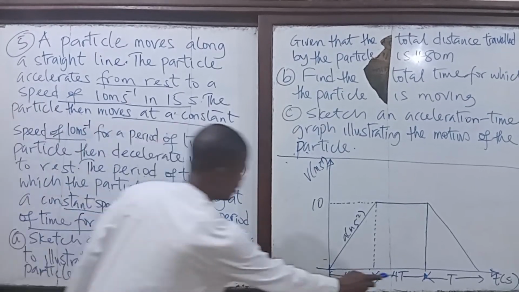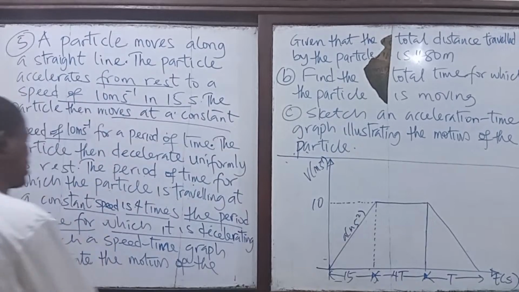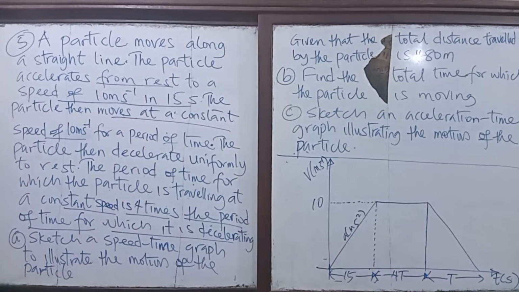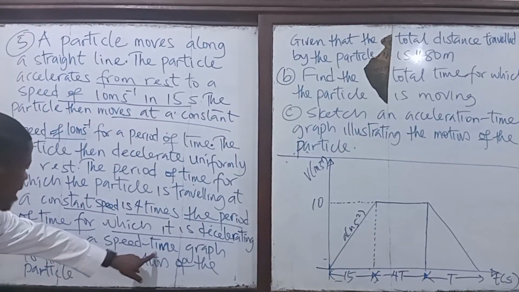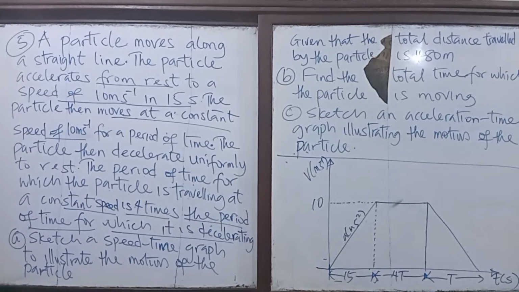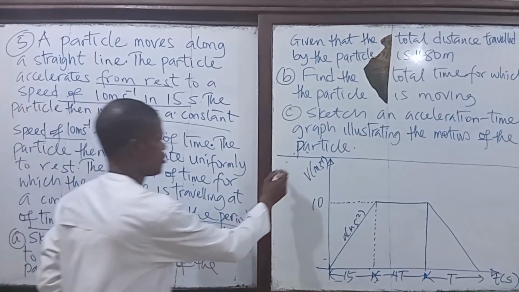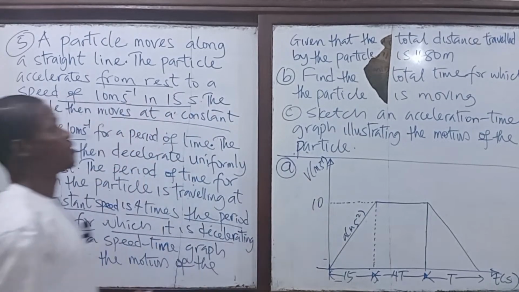So this will be 40, and this will be t. Then sketch the speed time graph to illustrate the motion of the particle. So this is done.